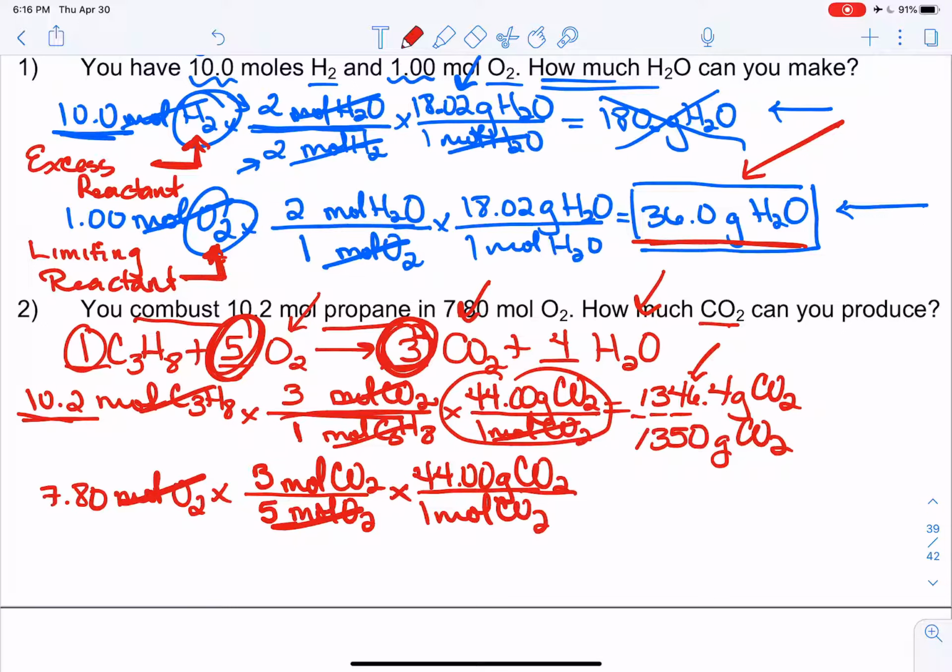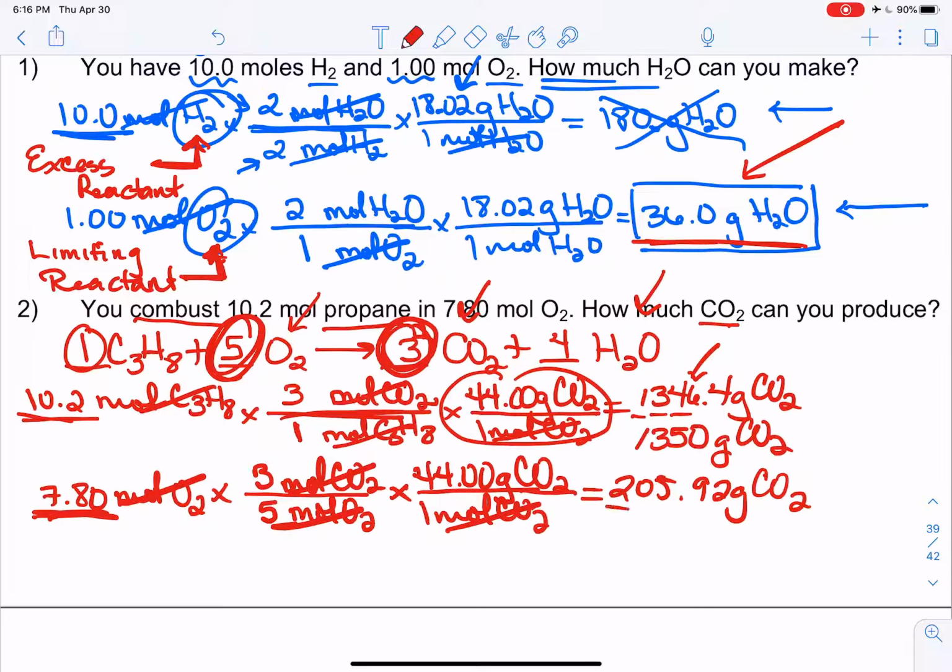So we have 16 plus 16 plus 12, and that's giving us 44-ish. Okay? All right, so we cancel out the moles of CO2. We do the math, and that gives us 205.92 grams of CO2.